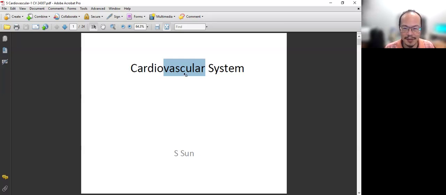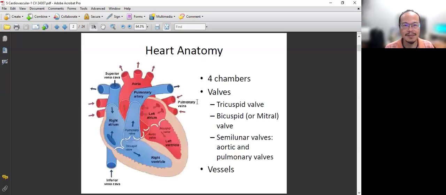All right, so we will talk about these two. The human heart has 4 chambers. What you need to know is the basic anatomy: atrium and ventricle, right atrium, left atrium, right ventricle, left ventricle.